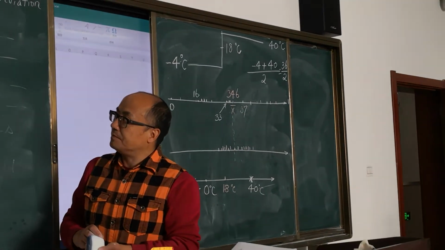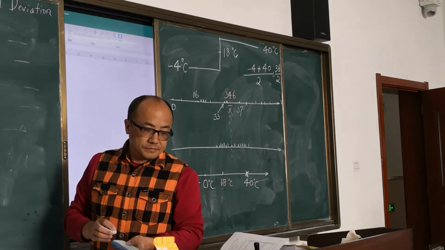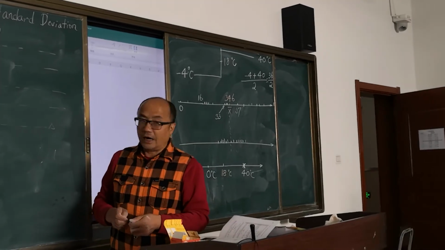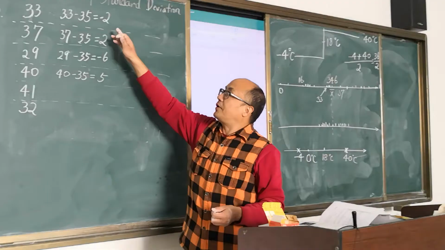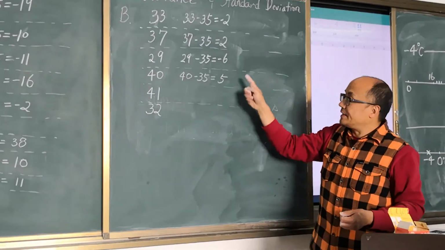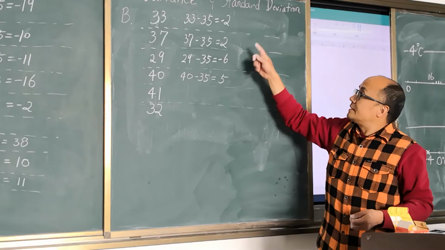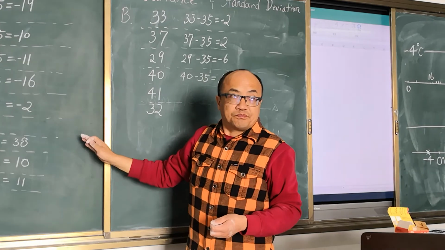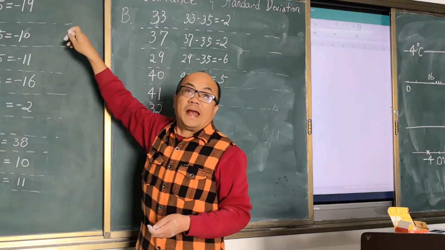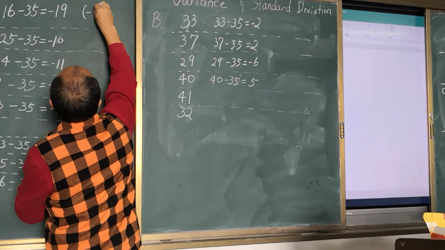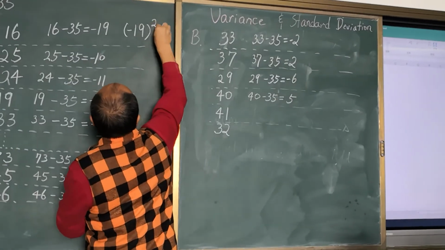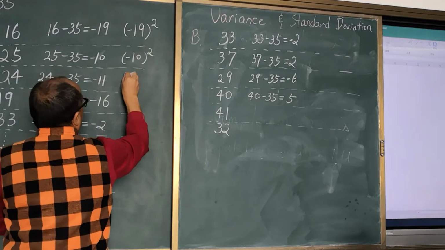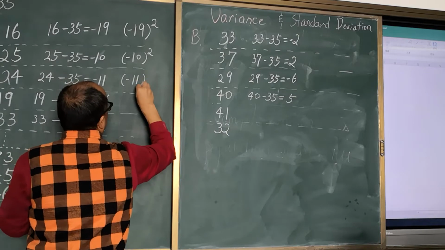However, for a reason I don't understand, to overcome the negative and positive signs, statistically they don't take the absolute value. They make it square. Minus 19 square, minus 10 square, minus 11 square.